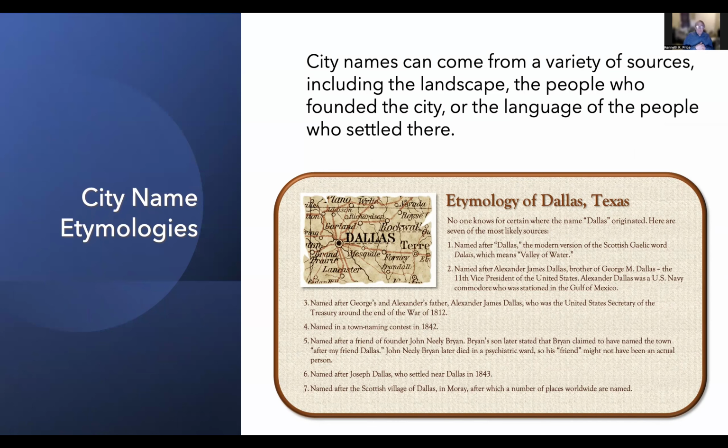City name etymologies. I have an example here of the etymology of Dallas, Texas. As I mentioned, I grew up in Barron, West Texas, very close to that no tree sign.